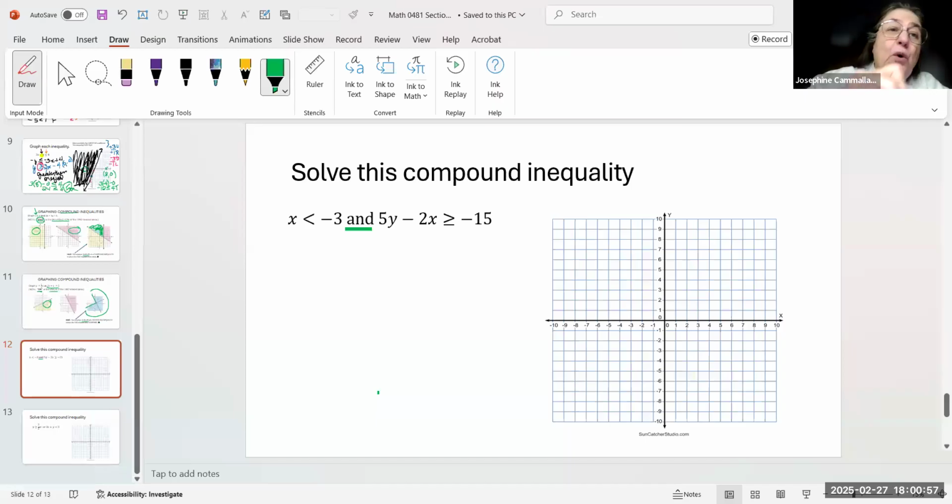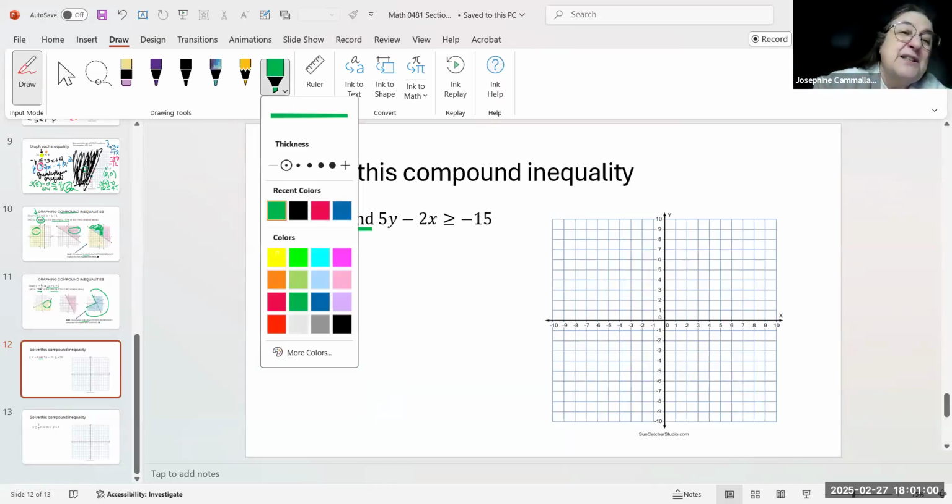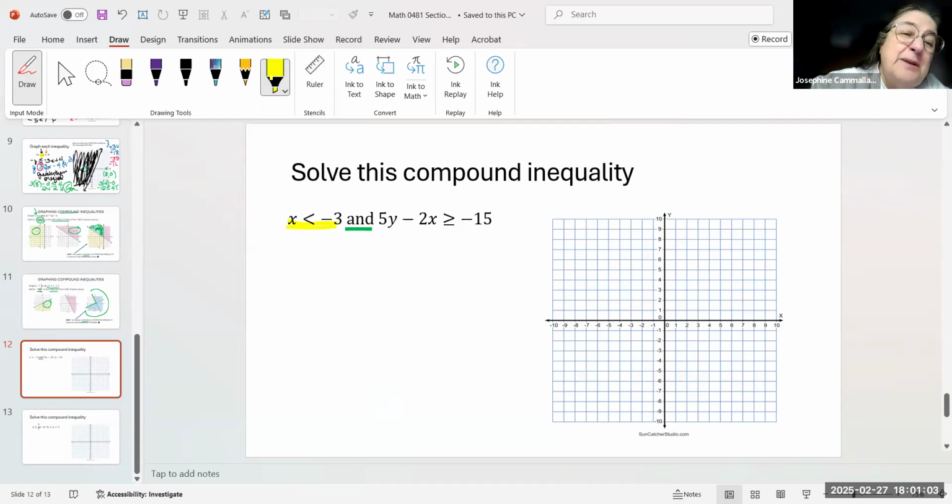This is where I'm going to shade in pink, and this is where I'm going to shade in yellow and pink. Okay, we're going to do the yellow first. First off, this does not have a line underneath it, and if you remember, this is going to give me a dashed line right here.